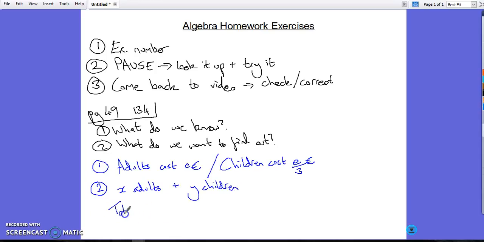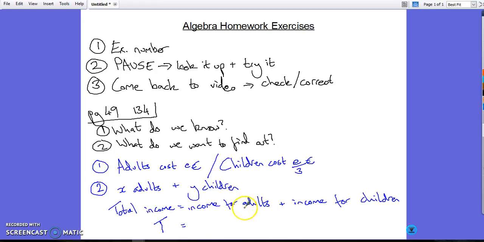So the total income will be my income for the adults plus my income for the children. And let's call this T, either for total income or for Tageseinnahmen, we could also say.